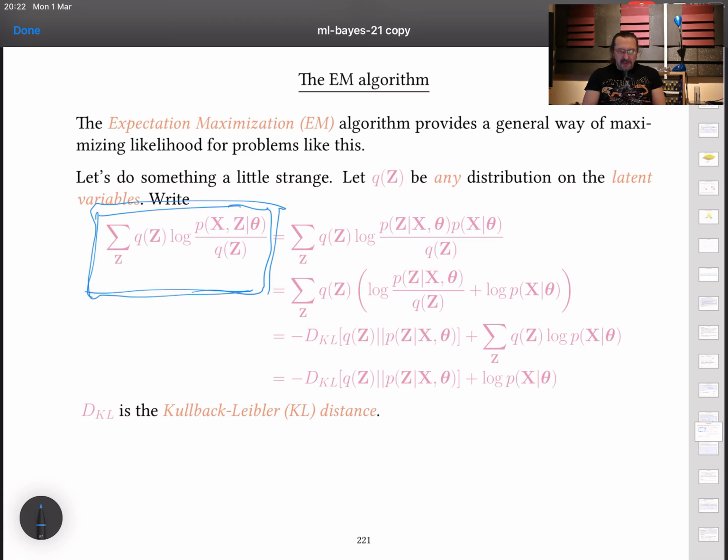Now, I'm manipulating it into a slightly different form. In the first line here, I've just split, in the time-honoured fashion, the joint probability of x and z given theta into a conditional probability and a prior. That's what's happening here, and nothing else changes. In the second line, I'm using the log to split up the expression a little.